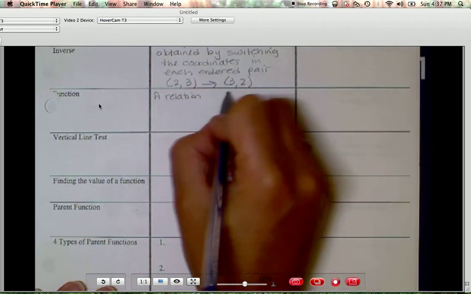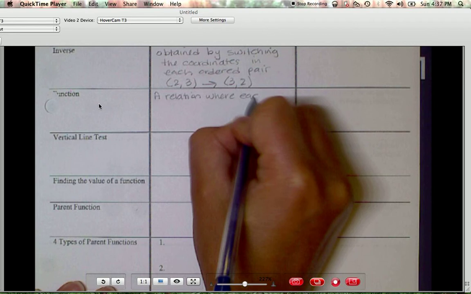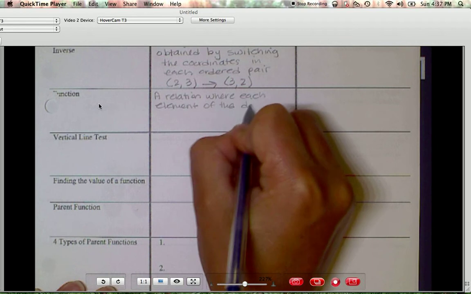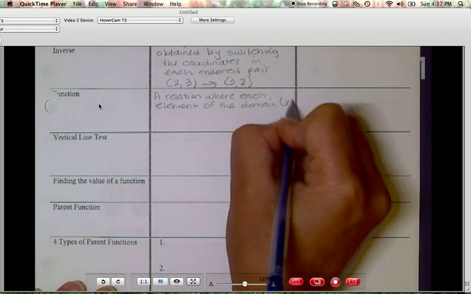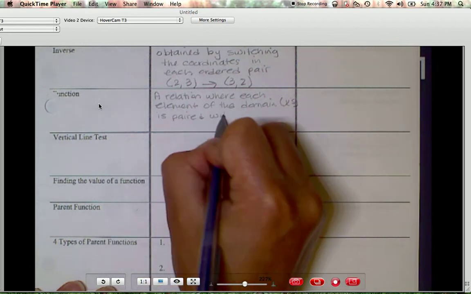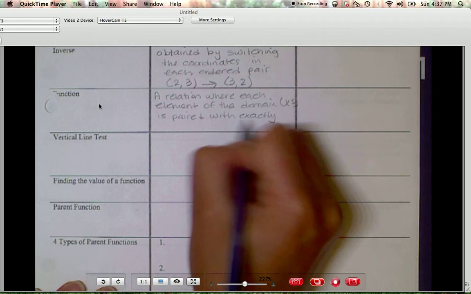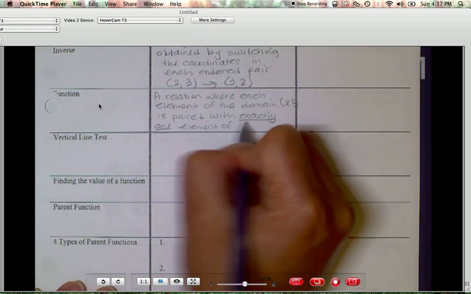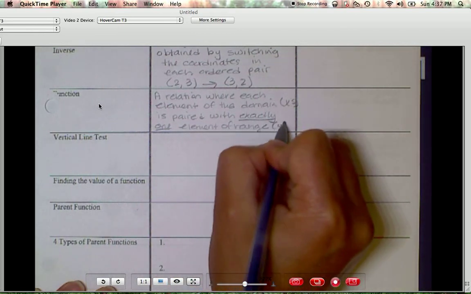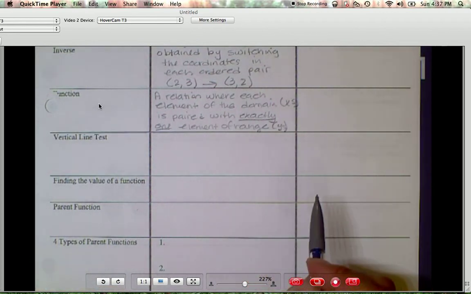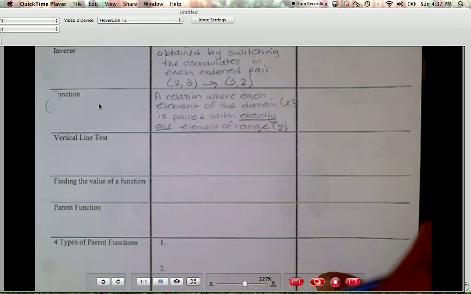It's a special kind of relation where each element of the domain, which remember are the x's, is paired with exactly one element of the range, which are the y's. So a relation where each element of the domain, or the x's, is paired with exactly one element of the range. So that's words.